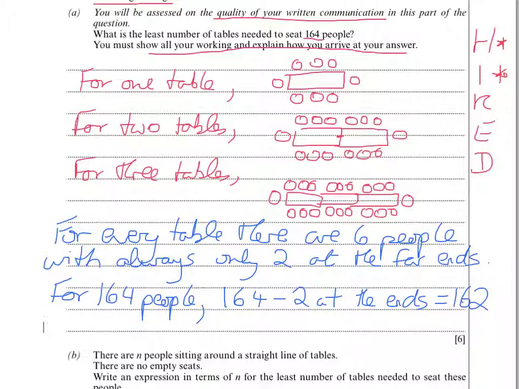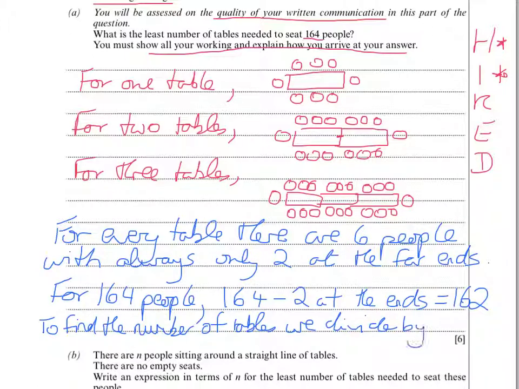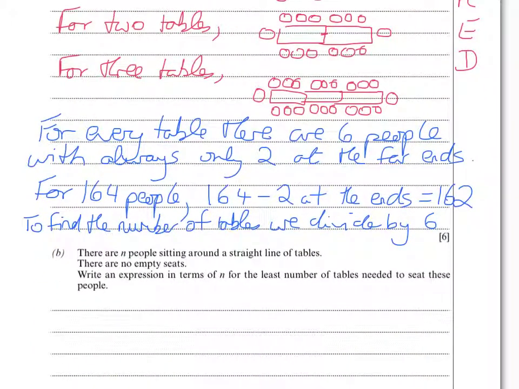So to find the number of tables, we divide by the 6 because there were 6 people on each table.